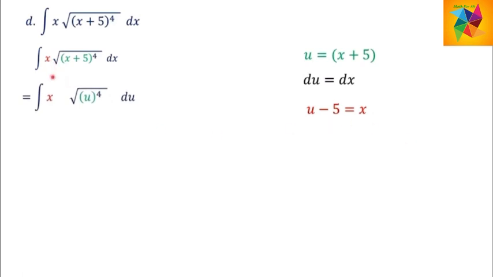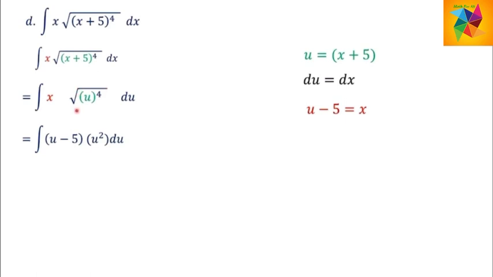Going back, that's our x plus 5, which is the value of u, and that's raised to the 4th power. Now we are also substituting u minus 5 for x in the next step, and x is equal to u minus 5 multiplied by u to the 4th raised to the 1/2.